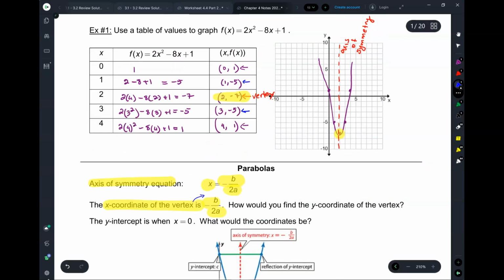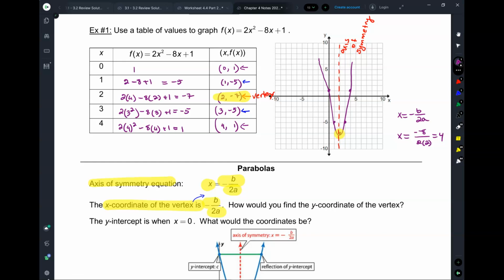Okay, so if I do this for that problem, right? For this problem, x equals negative b over 2a. X equals negative b, that's negative 8, over 2 times 2, 4. Okay, now I know x is 2. At x equals 2, there is a vertex.